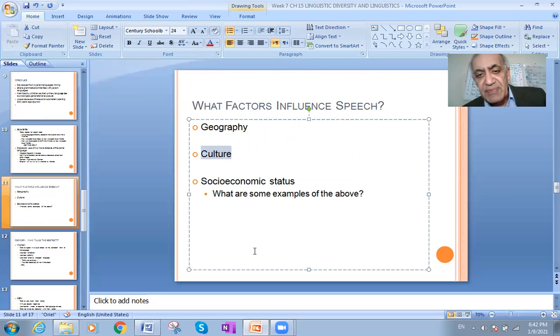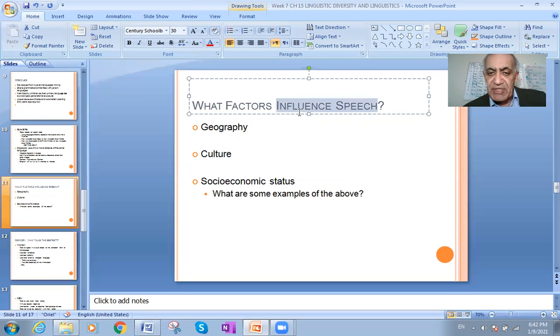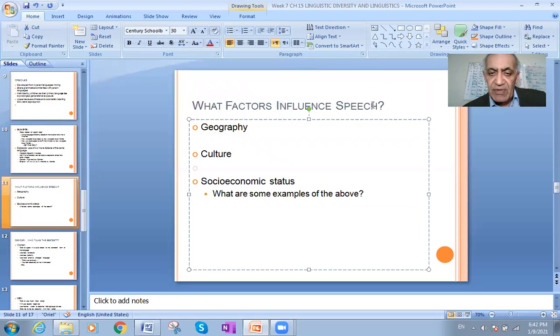The culture of a specific area also influences speech. Socioeconomic status too, and we say most of the cultural points are socioeconomic because we always bind the social and economic situations together.